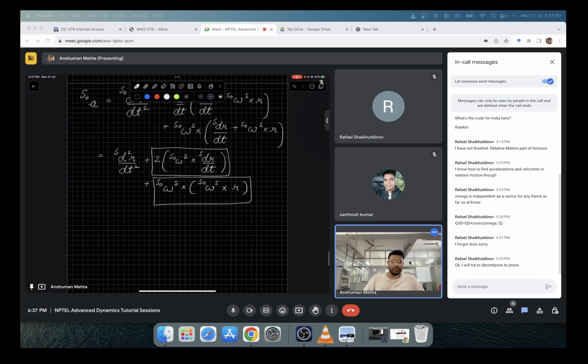It has a physical meaning: if one coordinate system is moving and we want to see the quantities of interest with respect to the stationary coordinate system, then there is the inclusion of these two expressions, and these form a pseudo force, like the additional forces which it will experience in the presence of the moving coordinate system.